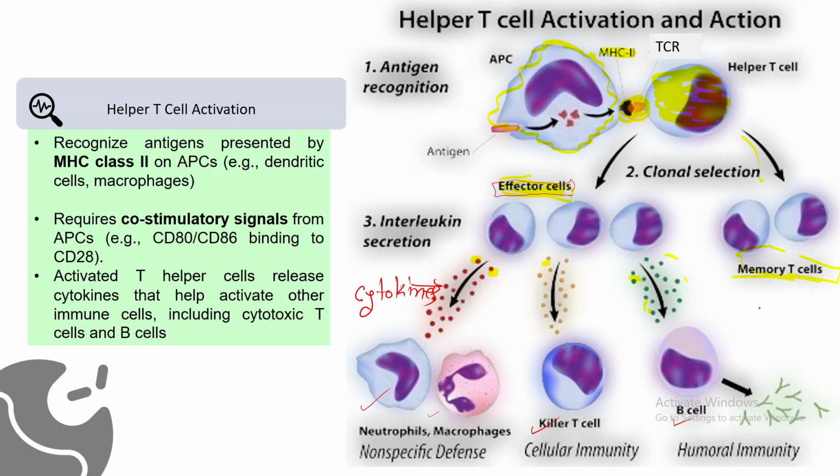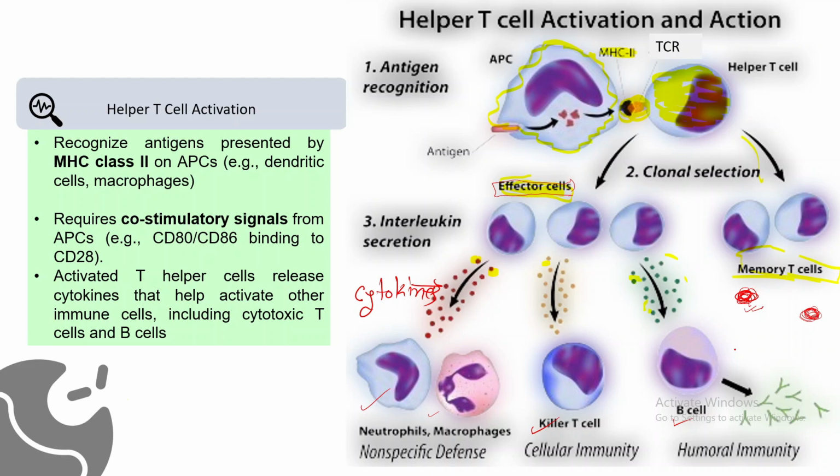Suppose this is the antigen, and again, let's say after a few years or few months, this same antigen enters our body, our body gets infected by this antigen. Then this helper T cell remembers this antigen after the first infection. So as this memory T cell already recognizes this antigen, they remember this specific antigen and can respond more quickly and effectively if the same pathogen is encountered again.